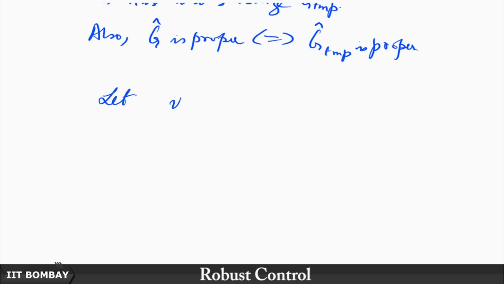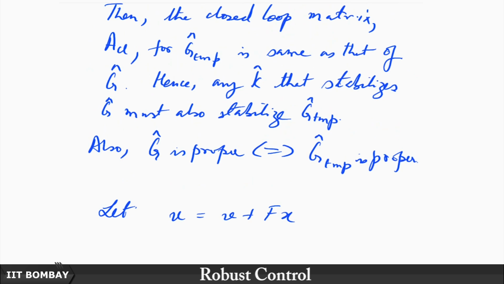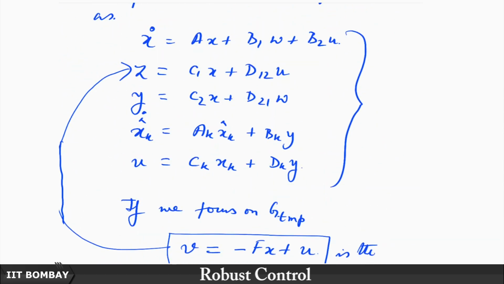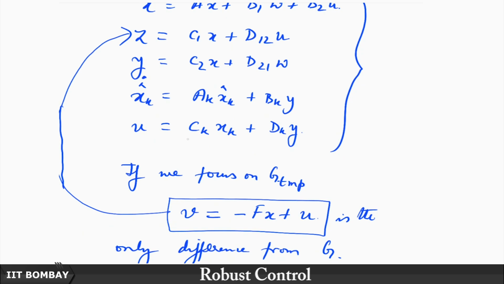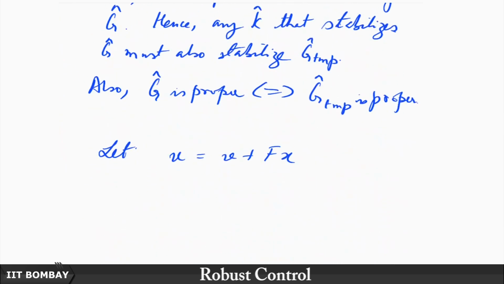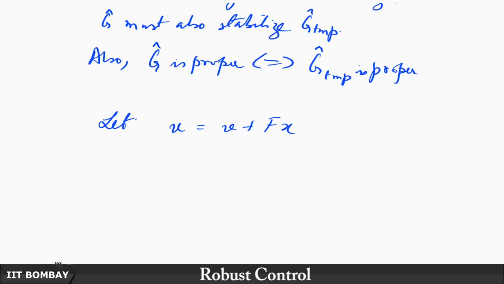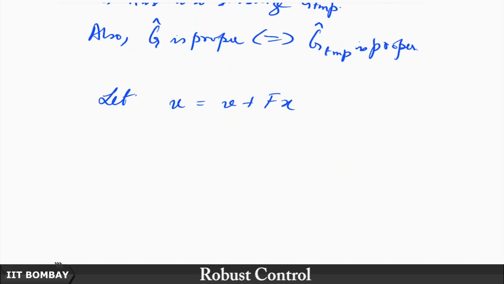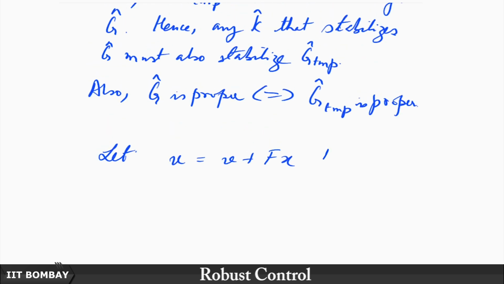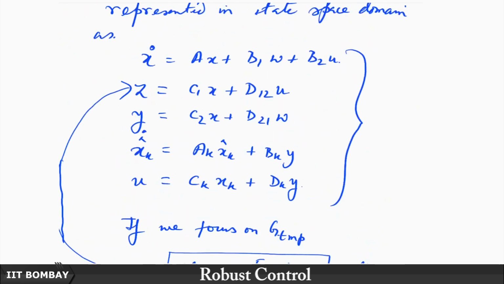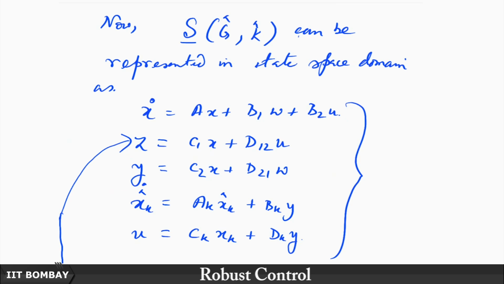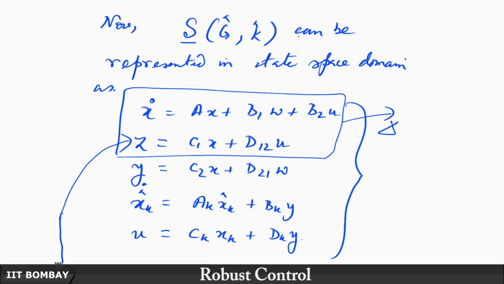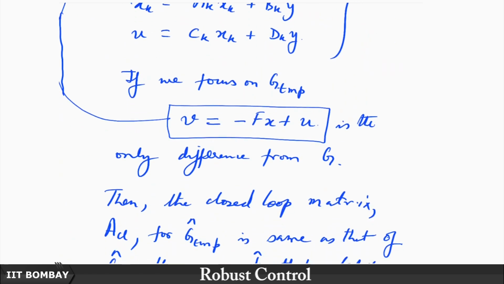Let u is equal to v plus Fx. Notice what did we originally have here? We had this controller C_K x plus D_K y, but we are saying that now look, let u be equal to v plus Fx be used in these two blocks taken together, star.